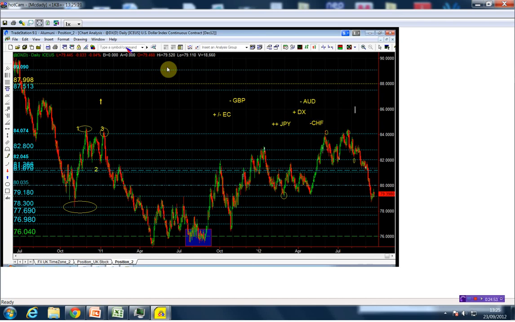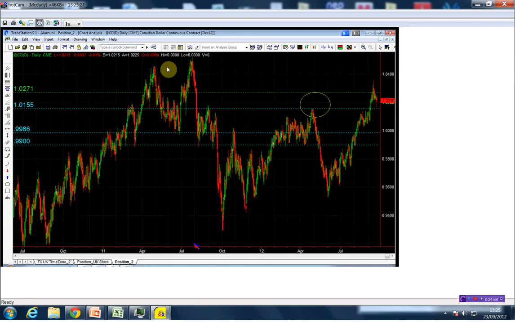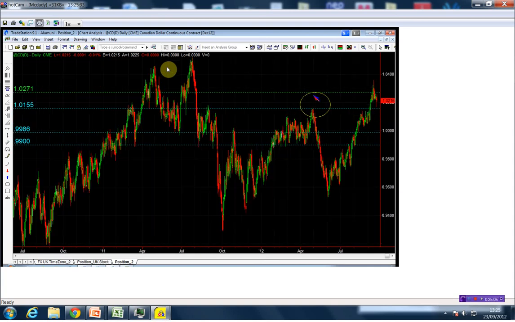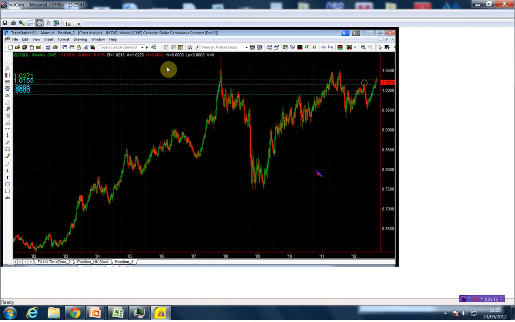Last but not least is the Canadian dollar. And we have quite a combination of stuff that's happening with the CAD, so let's put the weekly chart first. Okay, the Canadian is also one as strong as the Japanese yen and the Australian.